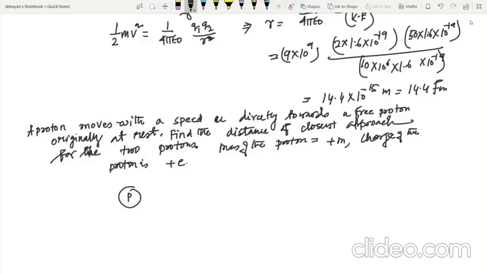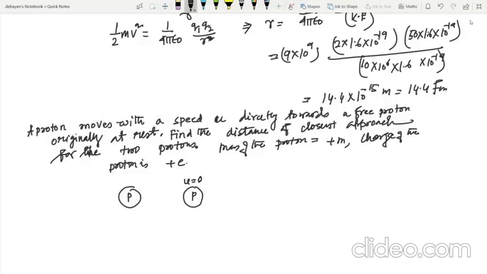So initially, conservation of momentum will apply, right? One is at rest, the other moves forward and collides, and after that they will move with some common velocity v.